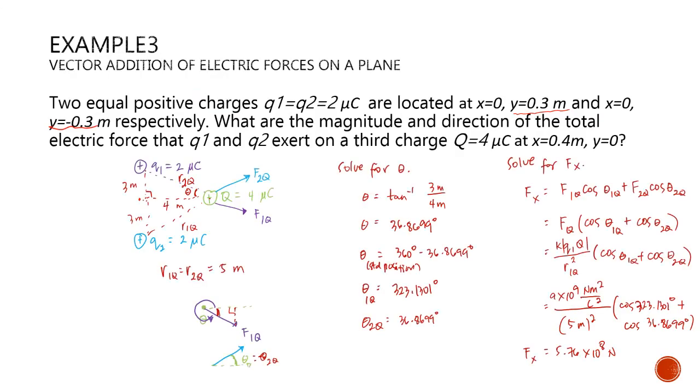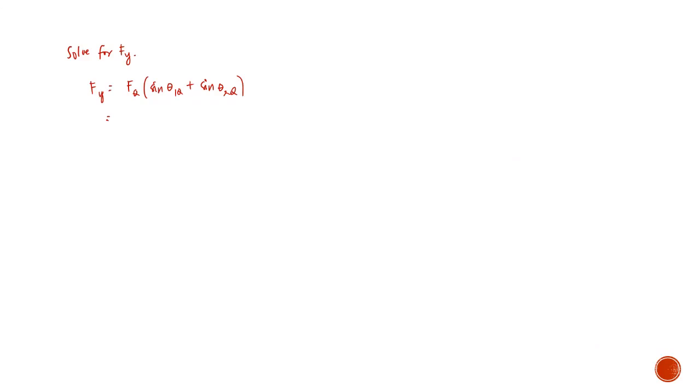So f sub q is 9 times 10 raised to the power of 9 over 5 meters quantity squared. It's actually the same as that of the x component computation. Then times sine of 323.1301 degrees plus sine of 36.8699 degrees.